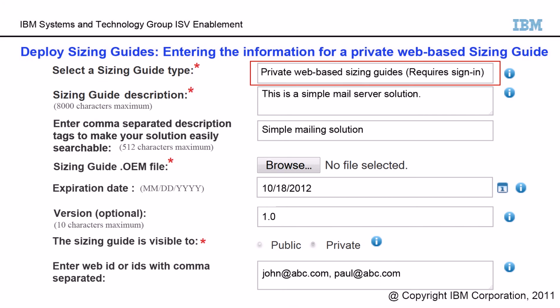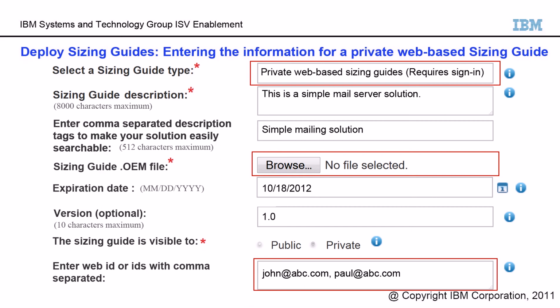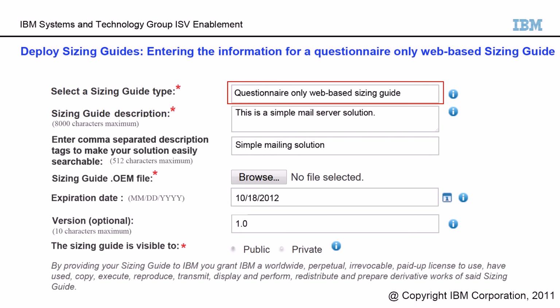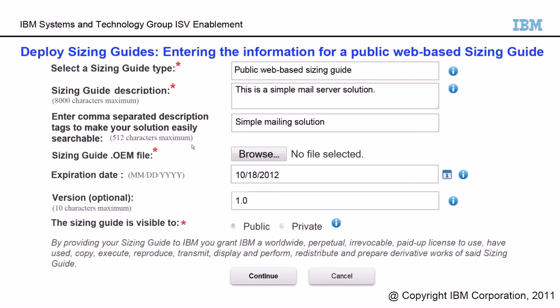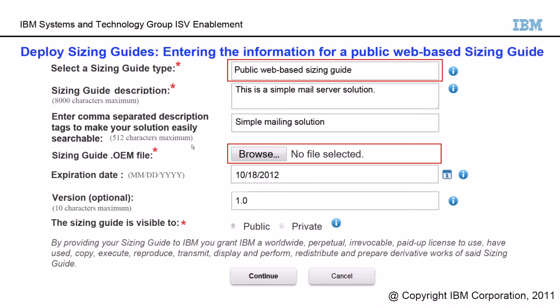For a private web-based sizing guide, upload the OEM file and provide the web IDs that can access the sizing guide. For a web-based sizing guide that includes only a questionnaire, upload the HTML file. For a public web-based sizing guide, upload the OEM file.